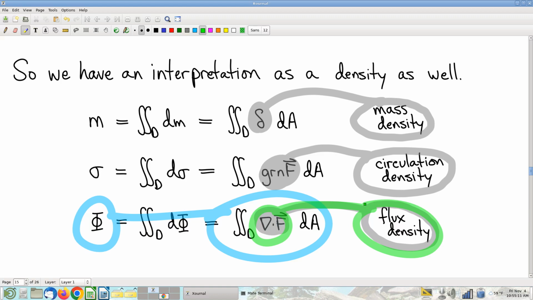I think not only does it make great sense, I think it's educationally useful to think of divergence as flux density, because it points out again that we're literally interpreting this as a density of a quantity that accumulates over the interior. It's drawing focus to the right way to think about the theorem.